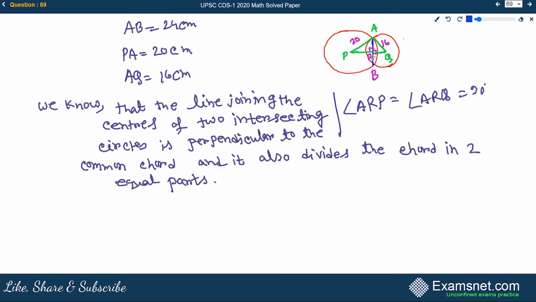Okay, so here R is the midpoint, because the line joining P and Q will bisect AB into two equal parts.